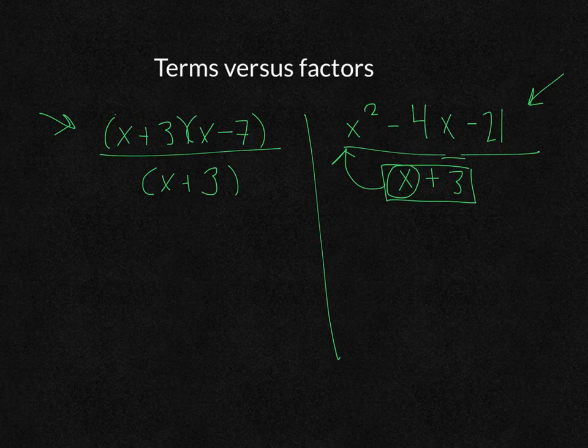So if you look at the right side here, now I have it factored and I have x plus 3 divided by x plus 3. Now you can cancel out whole factors. It is never okay to cancel out terms of a polynomial if there are multiple terms in each group. And that is actually one of the biggest mistakes I see in math, trying to cancel out terms when you can actually only cancel out factors.